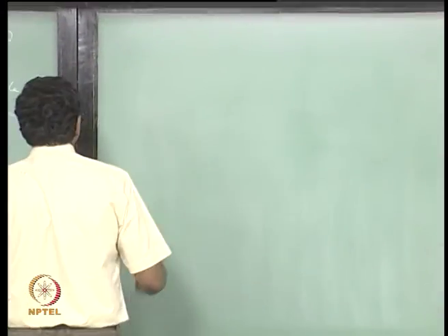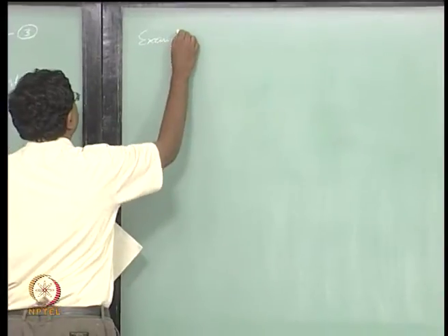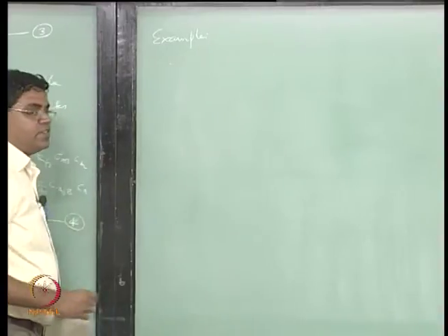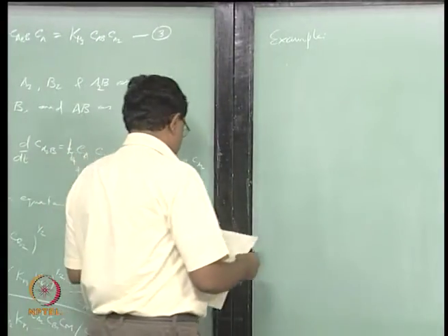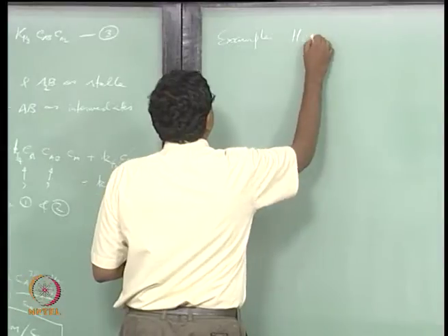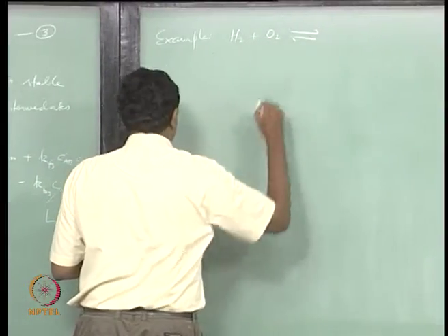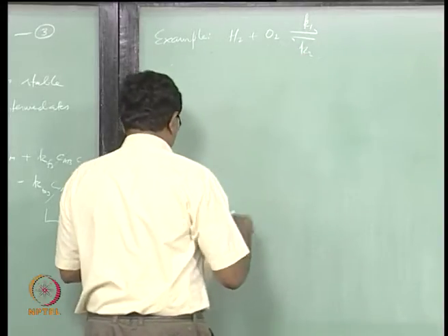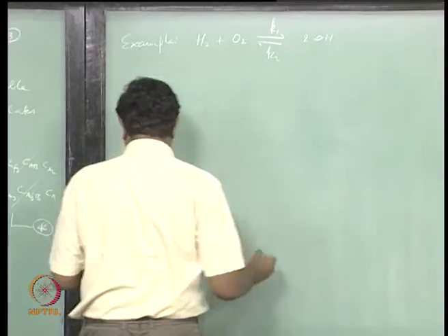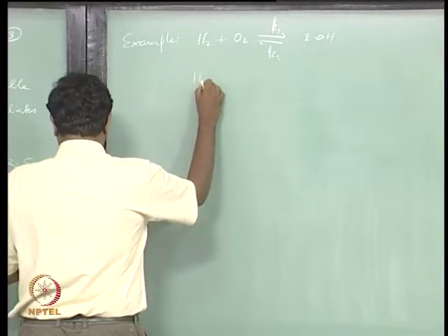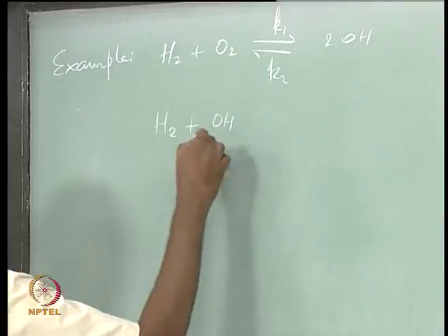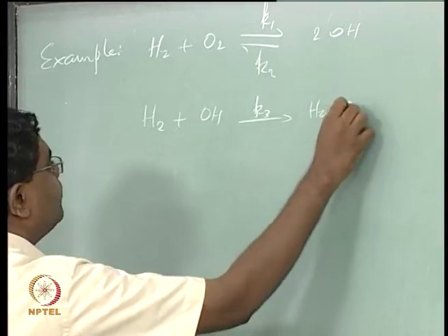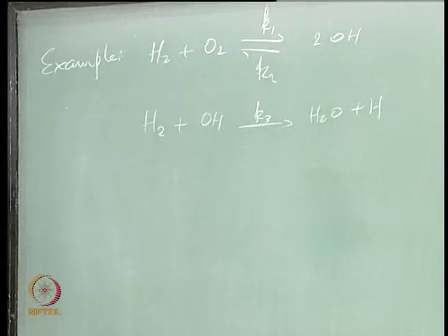Just like how we had the hydrogen bromide example for the steady state approximation, here let us suppose that we have H2 plus O2 going to 2OH, with K1 forward and K2 for the reverse, and H2 plus OH gives H2O plus H with K3.